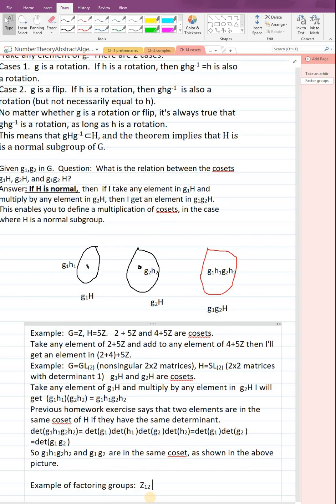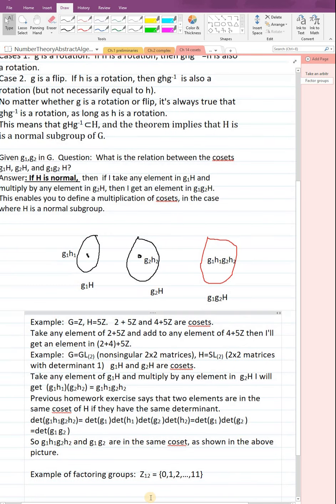Now that has 12 elements, right? Now I could take every multiple of 3. Or let me do it this way.